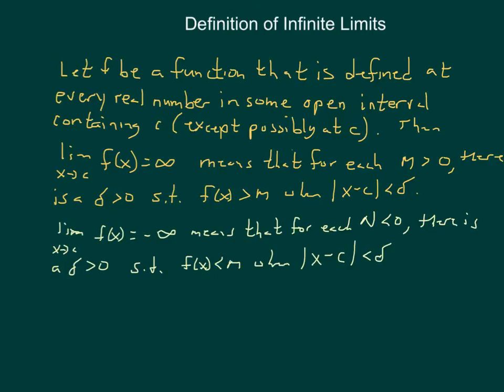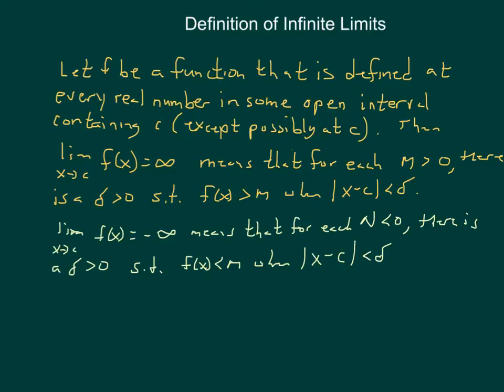Now we get to the definition of an infinite limit. This is in your book, so you could look at that as well, but I'll read it through and you'll want to get this down in your notes, and then we'll talk about what that means. Let f be a function that is defined at every real number in some open interval containing c, except possibly at c.